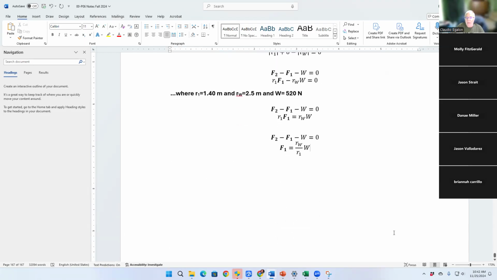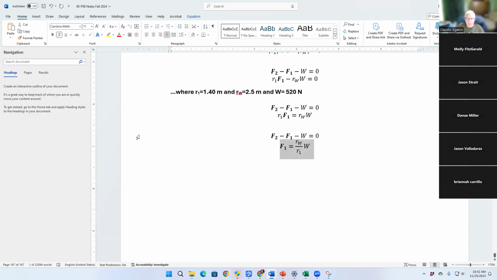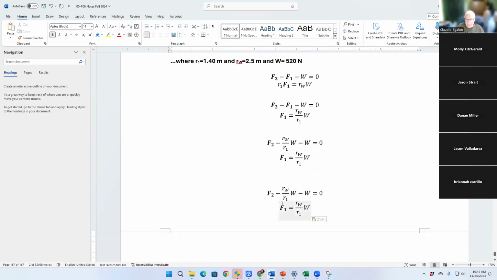And now that we determined F1, we can determine F2. F1 goes right in here. I eliminated F1, that's what I did. And F2 becomes something like that.